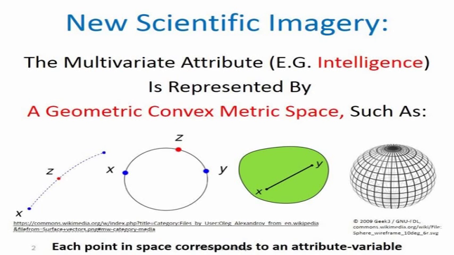A geometric convex metric space represents the multivariate attribute, for example, intelligence. And here you can see some examples of a geometric convex metric space. By the way, convexity here is in the sense of metric convexity, not the usual Euclidean one. Each point in this space corresponds to an attribute variable.